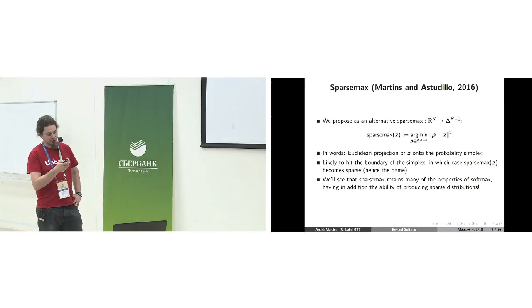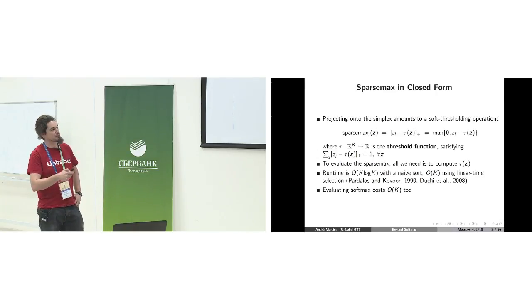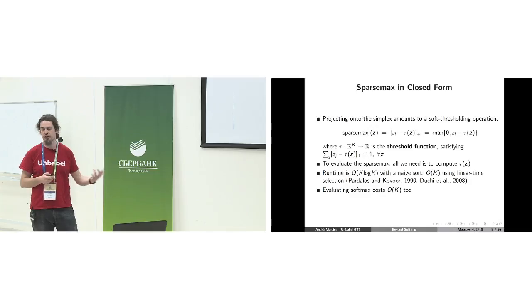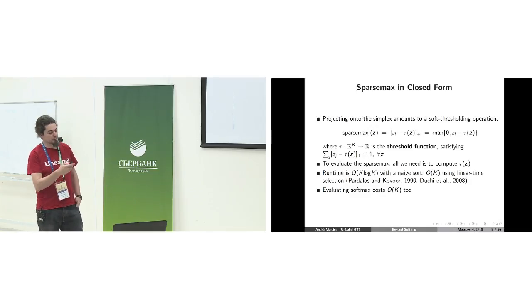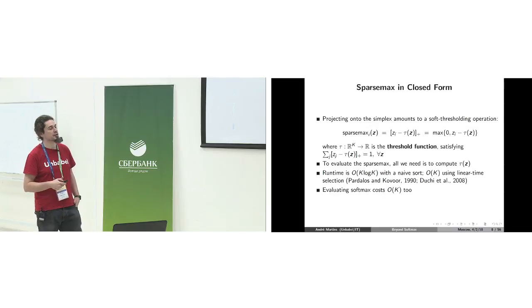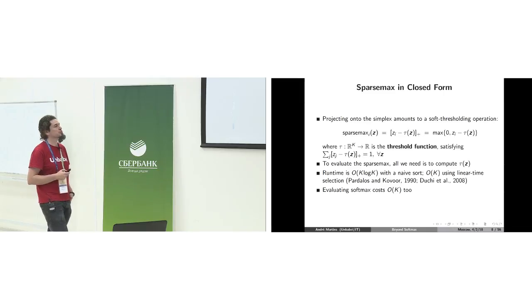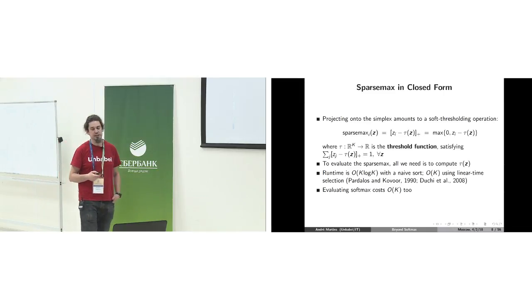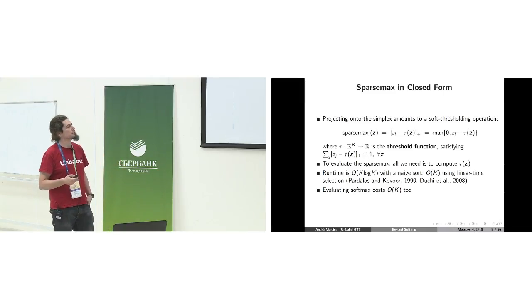So the first thing that we're going to do is, it's not very nice to define Sparsemax in this form, because if you want to obtain some properties, it's better if you have some kind of closed form expression. So the next step is to take this optimization problem, write the KKT conditions and so on to try to derive a formula for P. If you do that, we end up with this result. By writing the KKT conditions, the optimality conditions, we can show that the solution has this form.